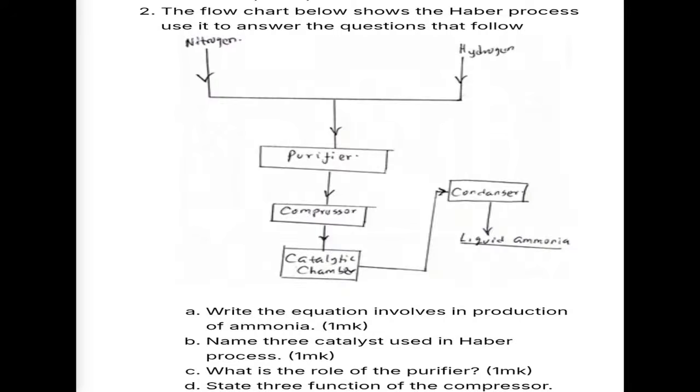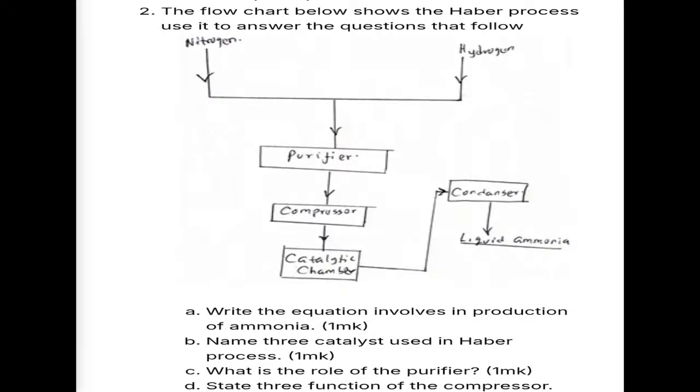Once the impurities have been removed, the two gases are then compressed to about 400 atmospheres. The role of the compressor is to raise the high pressure which is required for the ammonia synthesis.